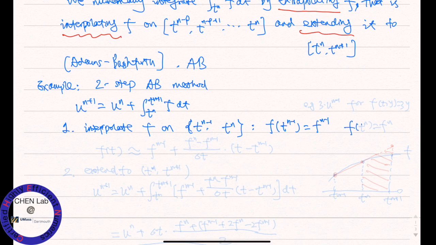We know f at t_n is equal to f_n, again 3 times u_n, for f(t,y) equal to 3y, okay? This is what we're doing in the interpolation. We go back to n minus p. P is 1, which gives you a p plus 1 step, so this is a 2-step method. We do the interpolation.